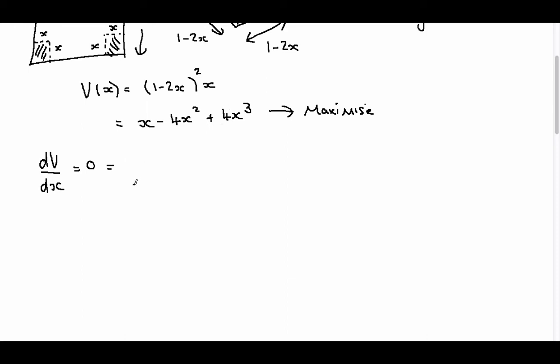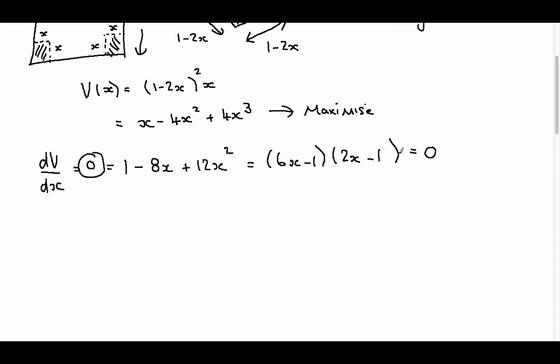So when we differentiate this function we'll get 1 minus 8x plus 12x squared. Now we can factorize this to give us (6x minus 1)(2x minus 1), which is still equal to 0. So that tells us that x is either a half or x is equal to 1/6.